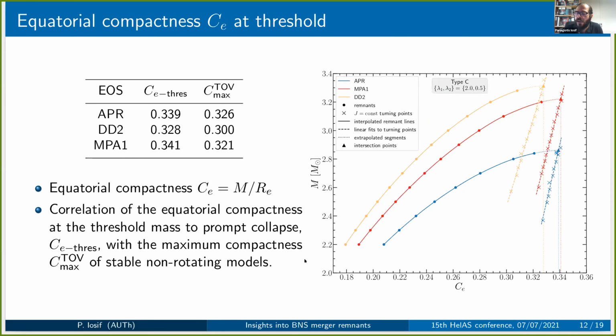And the way that this is supported is that if one again draws the merger remnant model sequences, which are solid lines for the three different equations of state, and finds the intersections again with the turning point lines, but in a plot where we have the mass versus the equatorial compactness, which is defined as the gravitational mass over the equatorial circumferential radius, then one can notice that there is a strong correlation of this quantity, the equatorial compactness at the threshold to collapse, with the maximum compactness for stable TOV models.